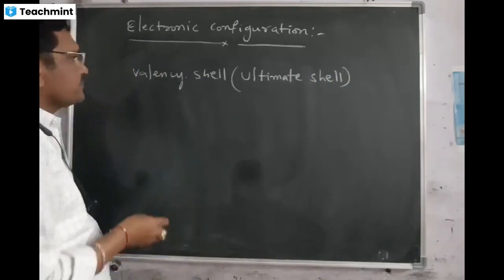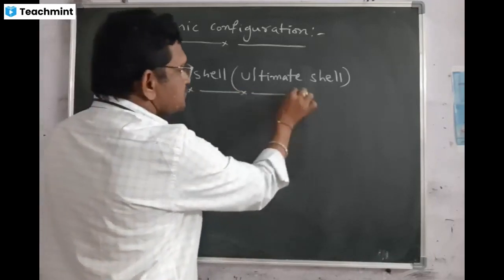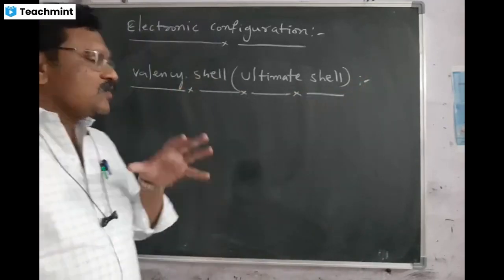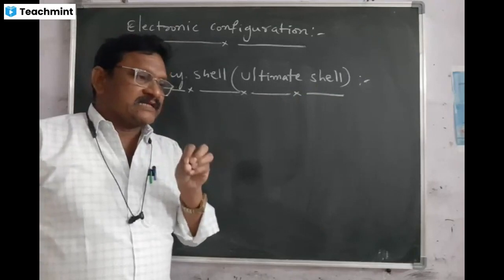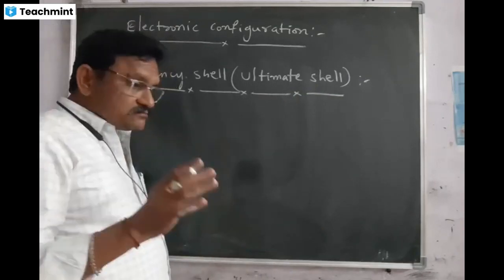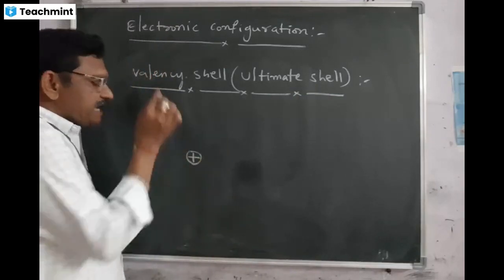Listen carefully. First of all, you want to study and understand the valence cell in atomic structure. What is valence cell? How can you find out the valence cell? So far I have been explaining that the center part of the atom is nucleus.